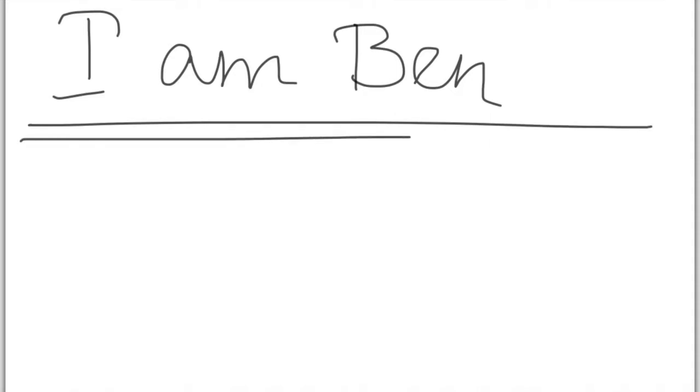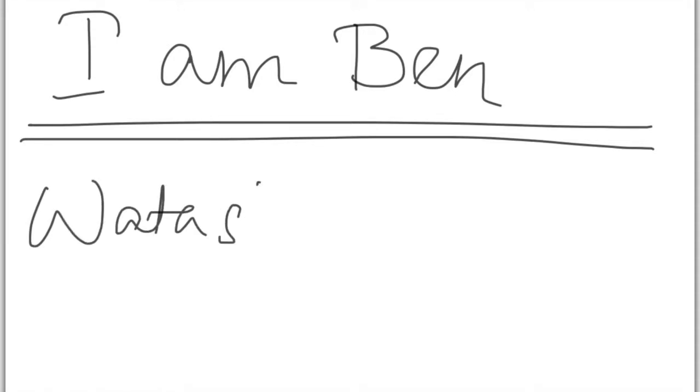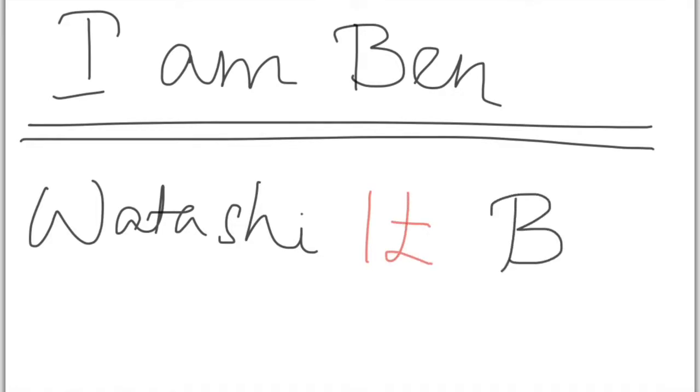Let us say, I am Ben. So how is this written in English? Japanese is: watashi wa Ben desu.